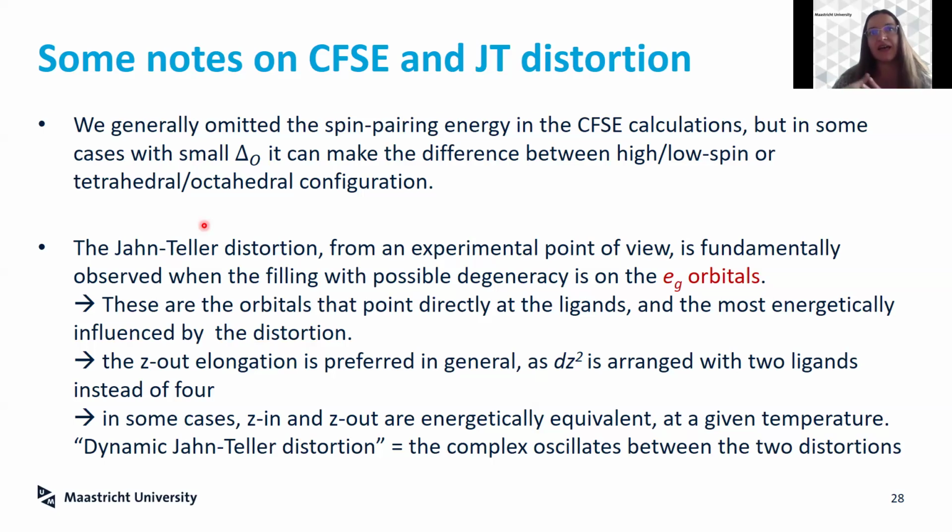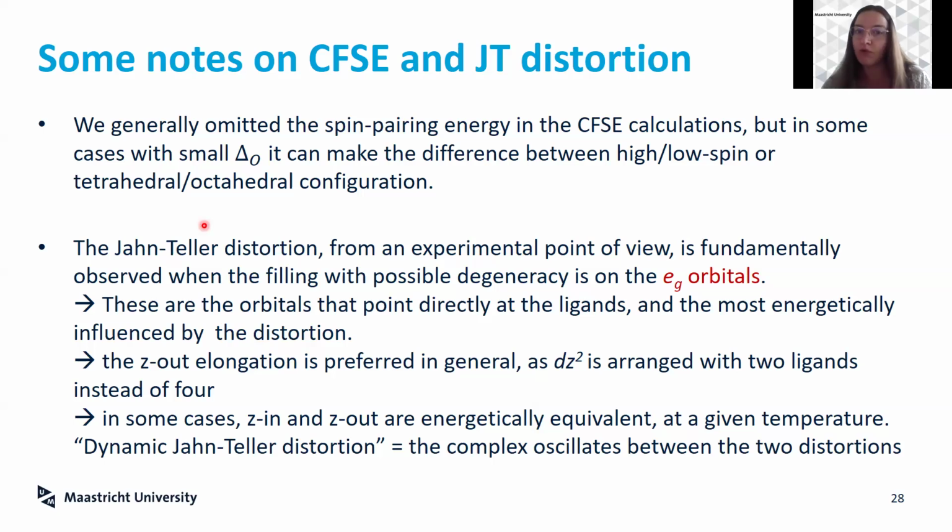In general, Z out elongation is preferred because dz square as an orbital has these 2 lobes instead of 4 lobes. So you need to do the least movement to gain the most energy, which is what the system will prefer. It could happen, though, that your Z in or Z out, so compressing like this, elongating like this, so either you squish or you elongate, are energetically equivalent. This is a temperature-dependent effect.